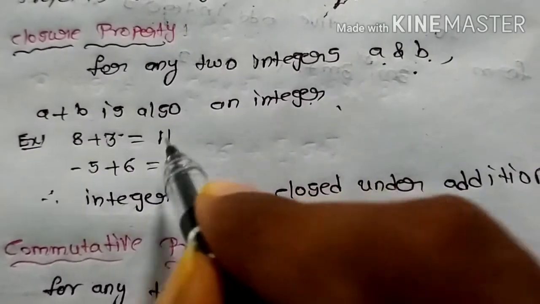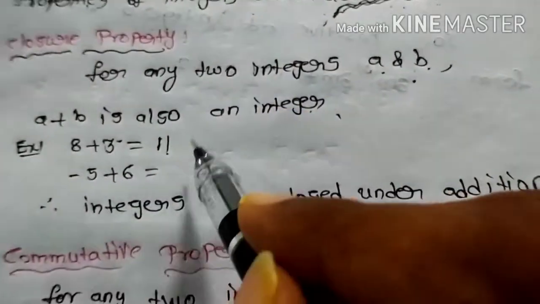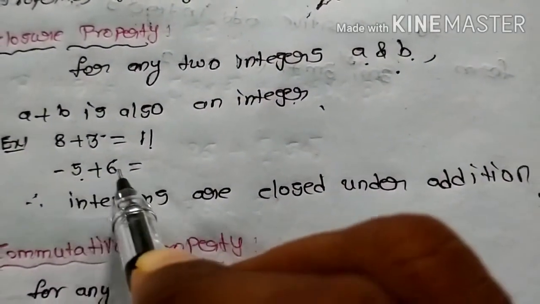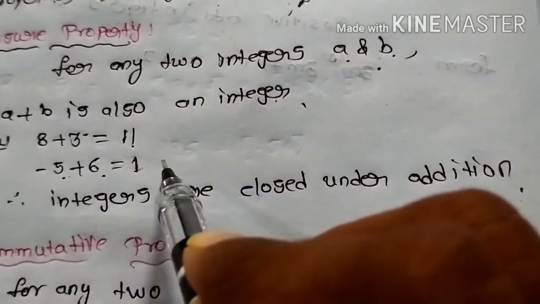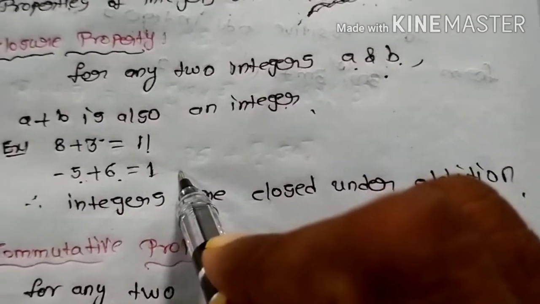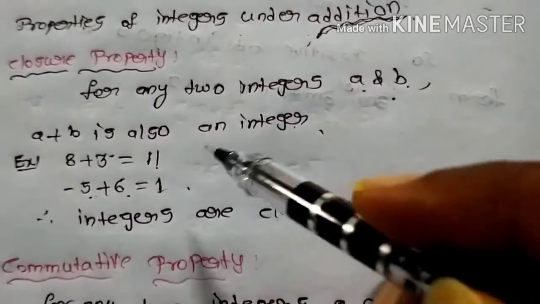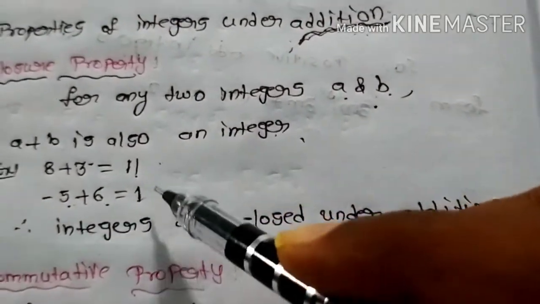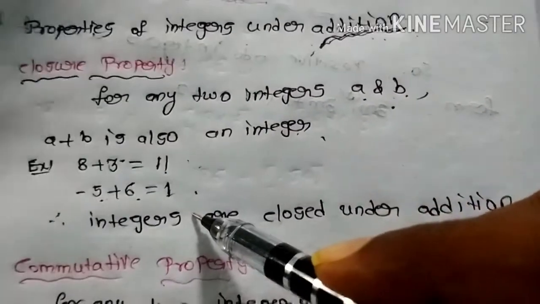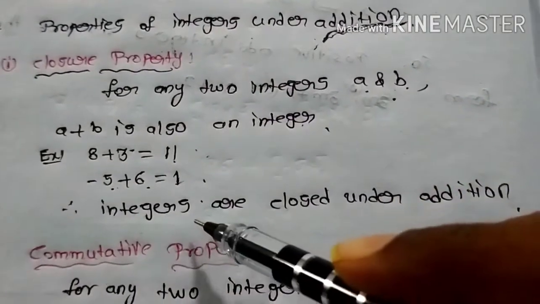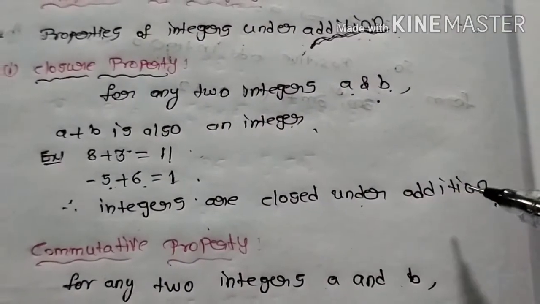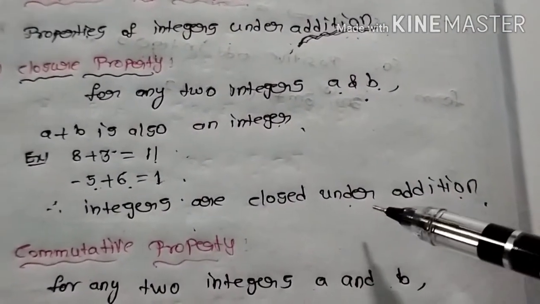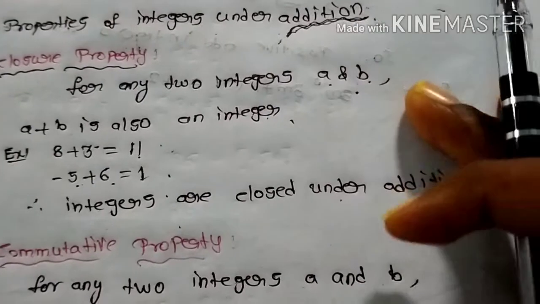Is 11 an integer or not? Yes. Okay. Minus 5 plus 6, how much is it? 1 or not? Yes. 1 is also an integer or not? Yes. So your conclusion is that if your result is an integer, you can say integers are closed under addition.